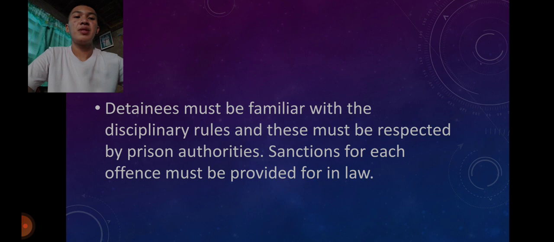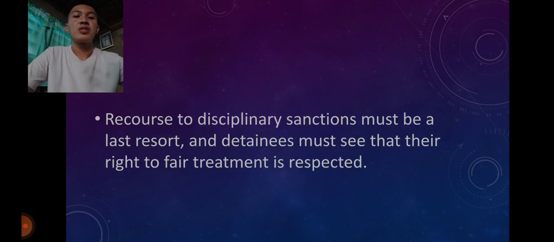Detainees must be familiar with the disciplinary rules and these must be respected by prison authorities. Sanctions for each offense must be provided in law. Recourse to disciplinary sanctions must be a last resort, and detainees must see that their right to fair treatment is respected.